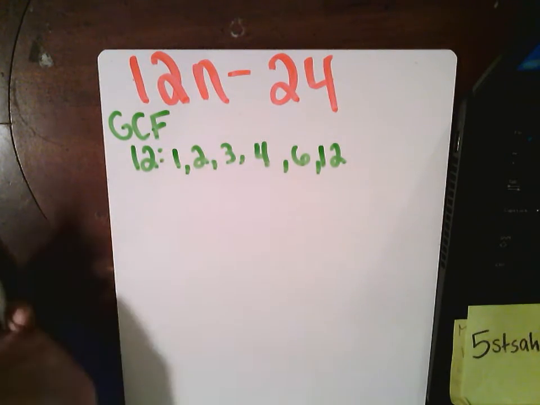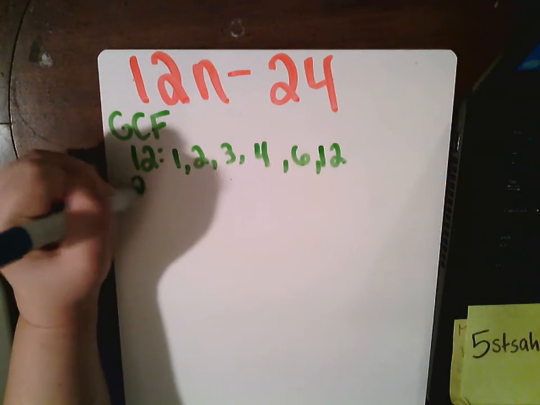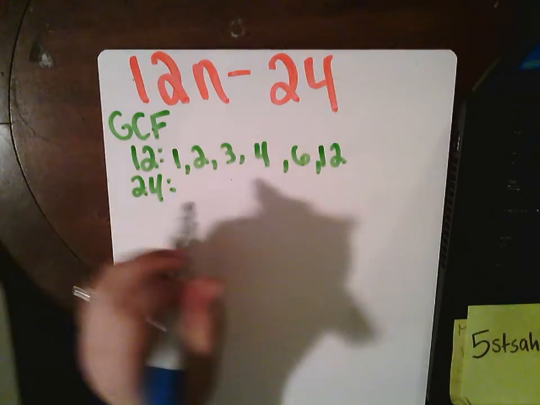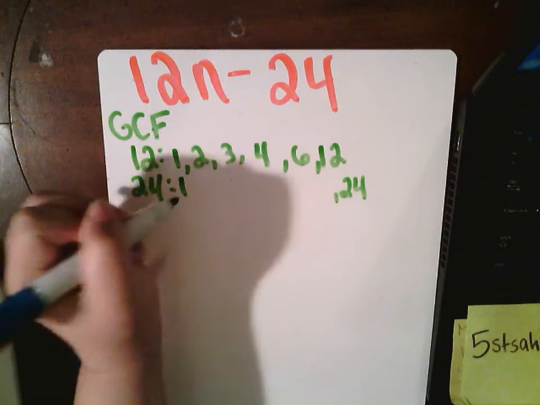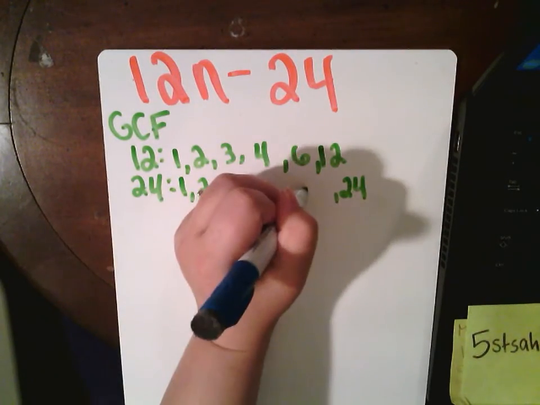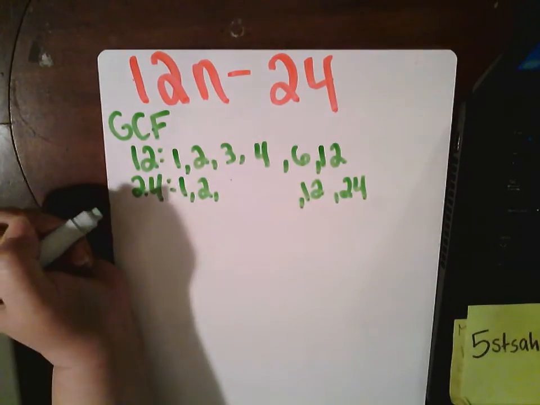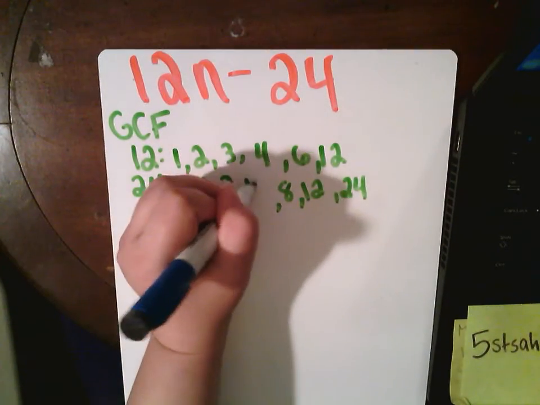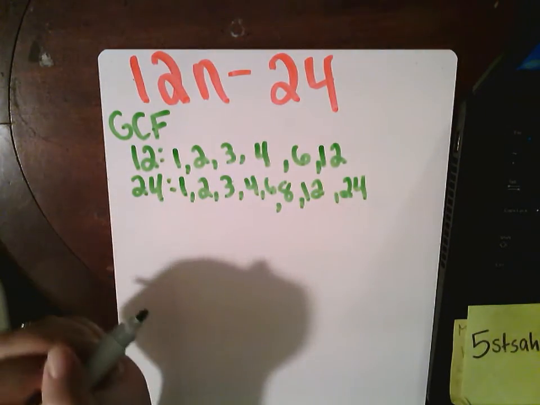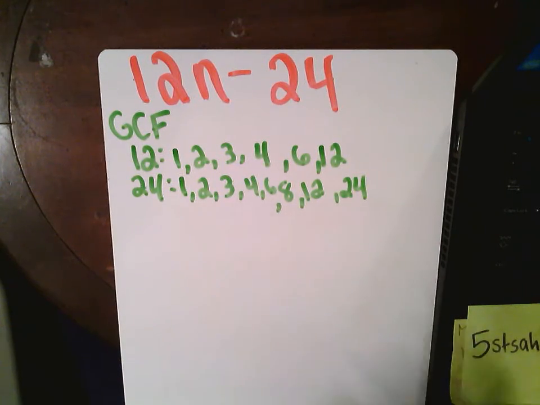We've found them all. So 24 is our other number that we've got to figure out. 1 and 24, 2 and 12, 3 and 8, 4 and 6. I wasn't really lined up there, but it's okay. You can still see.